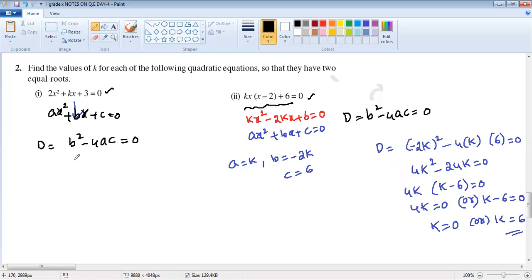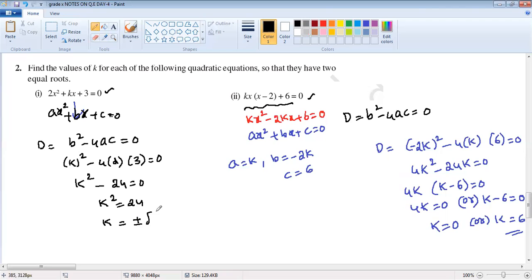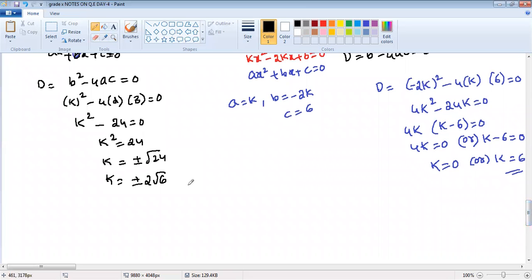So k square minus 4 into 2 into 3. Then k square minus 4 into 2 into 3, which is 24. Then k square is equal to 24. K is equal to plus or minus root 24, and k is equal to plus or minus 2 root 6. Am I right? Yes, sir.